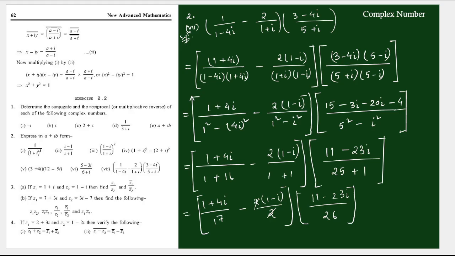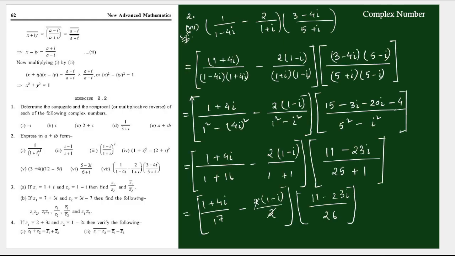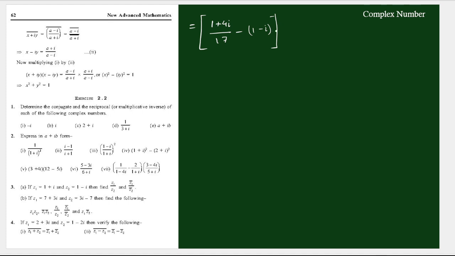Minus 1 minus i within bracket, so minus 1 minus i, bracket close. Then 11 minus 23i by 26.